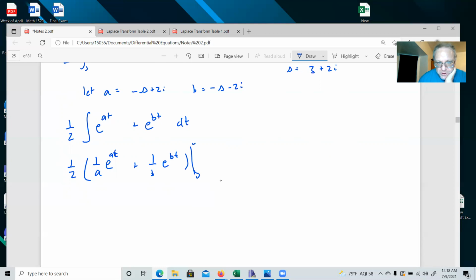We're going to go from 0 to infinity. So 1/2, we have 1 over a, we have e to the a capital T. This is my limit as t goes off to infinity, minus e to the, when t is 0, a complex number times 0 is still 0.